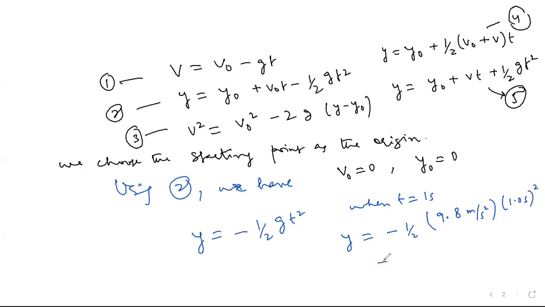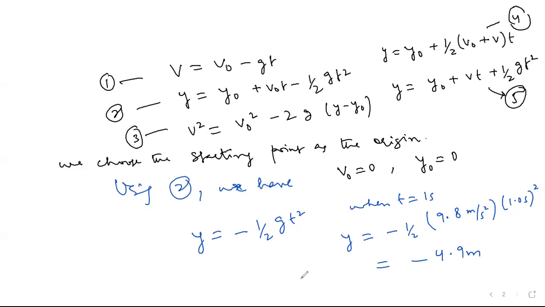When we solve it, it is minus 4.9 meters. You can check the calculation as always at home. This is the position at t is equal to 1 second.